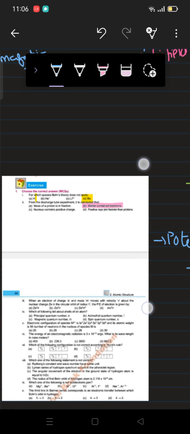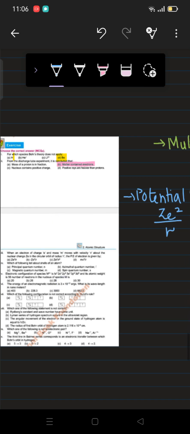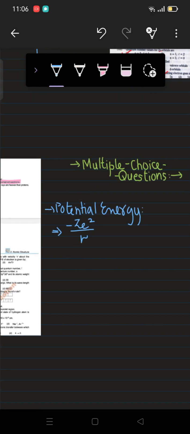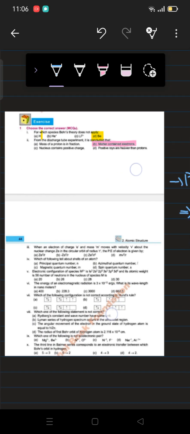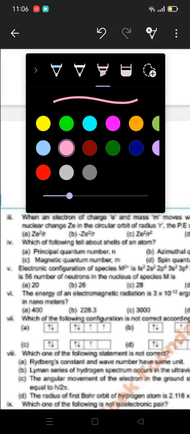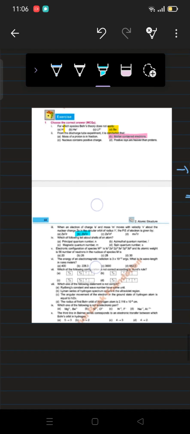Basically it is minus Ze square by r, because in potential energy we take the charges with their signs. We have an electron, which has a negative charge, and the proton, which has a positive charge. That's why it is minus Ze square by r. So this is the correct option.